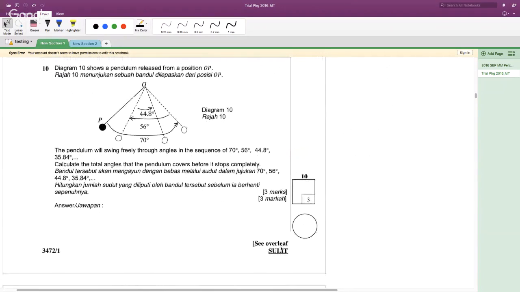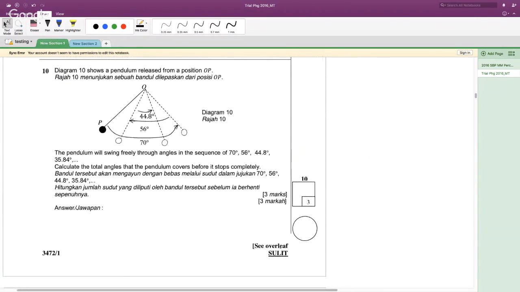Okay, this question is a bit tricky as well, but I will try to explain this one. For diagram 10, it shows a pendulum released from the position OP. So the pendulum will swing freely through the angles in a sequence.